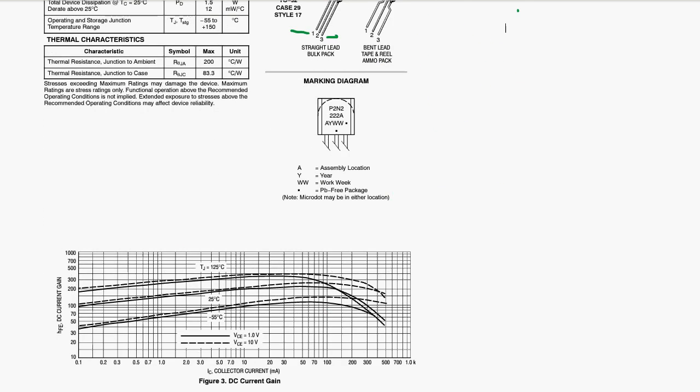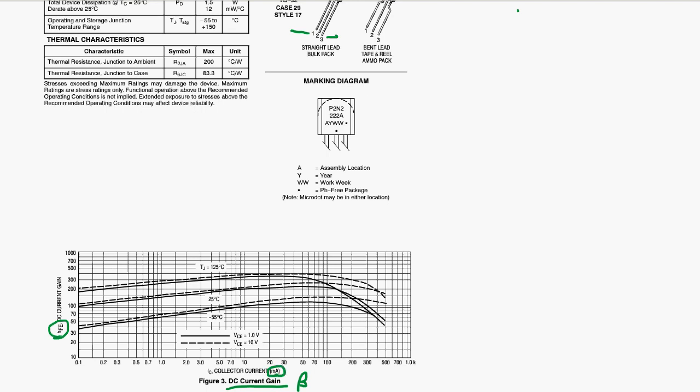Okay, and this is the DC current gain, the so-called beta, right? Collector current versus DC current gain. DC current gain depends on temperature. When temperature goes up, it increases.